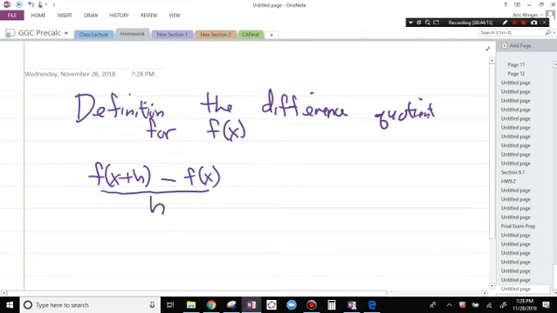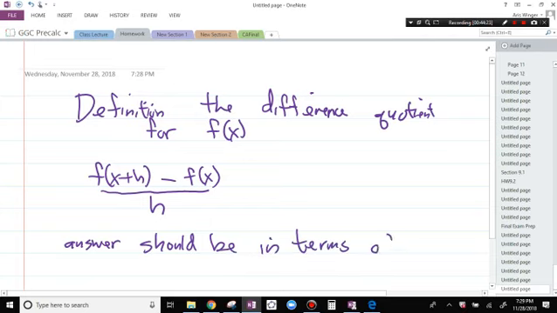And so when you do this and simplify, the answer should be in terms of x and h. There should be x's and h's all over the place when you do this. Okay. Let's do an example. Let's find the difference quotient for f of x equal to x squared.